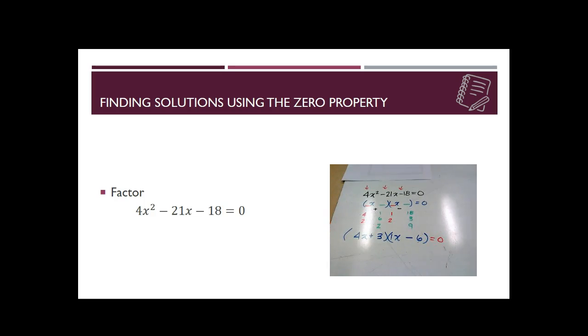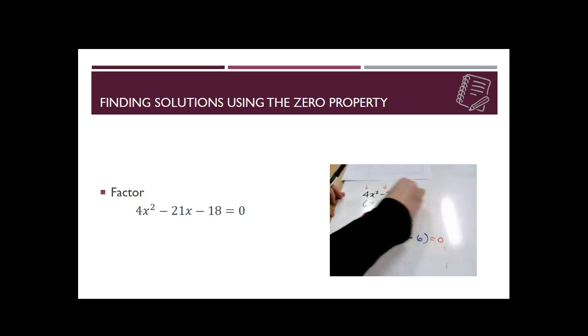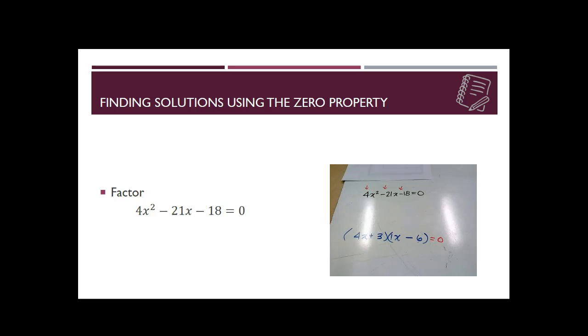So now comes the easy part. After I go back through, I'm going to rewrite up here my factored form so I have a little bit extra space. You guys can do the same thing. So my factored version that we solved for is going to be 4x plus 3 times the quantity x minus 6 equals 0.